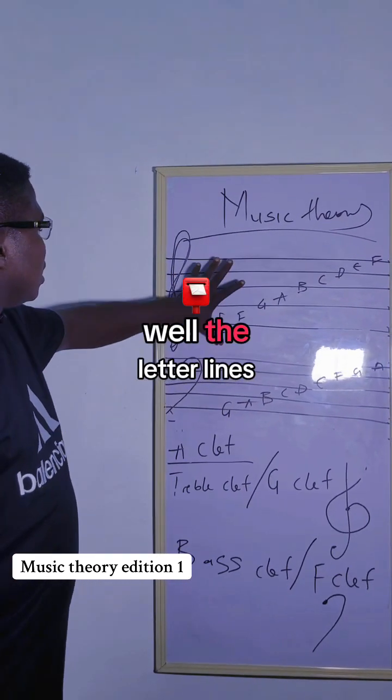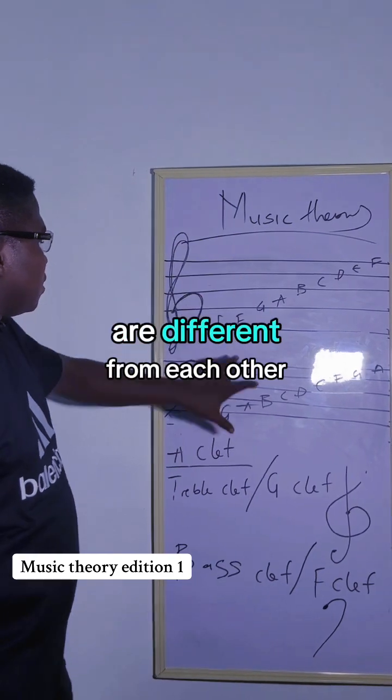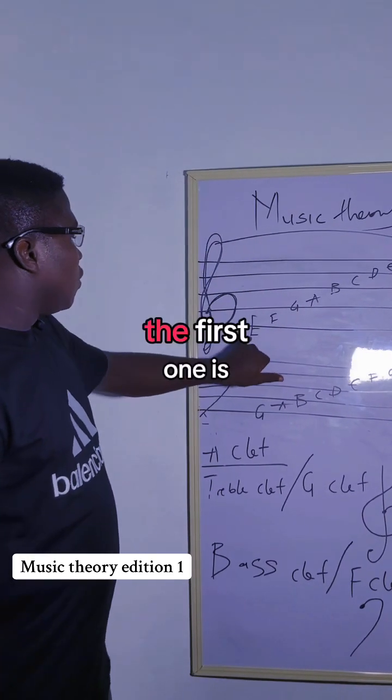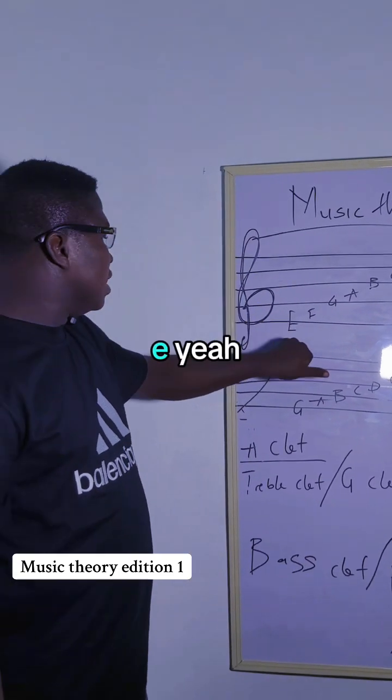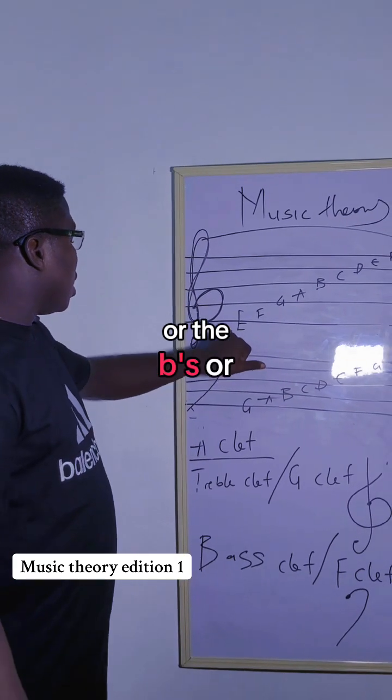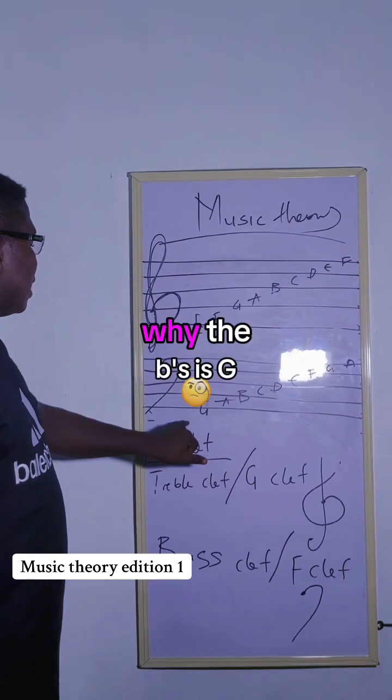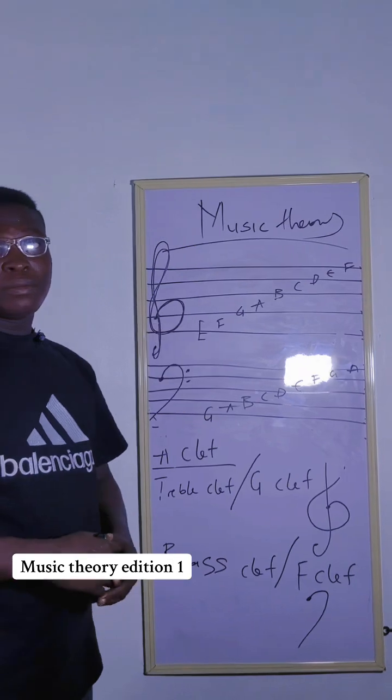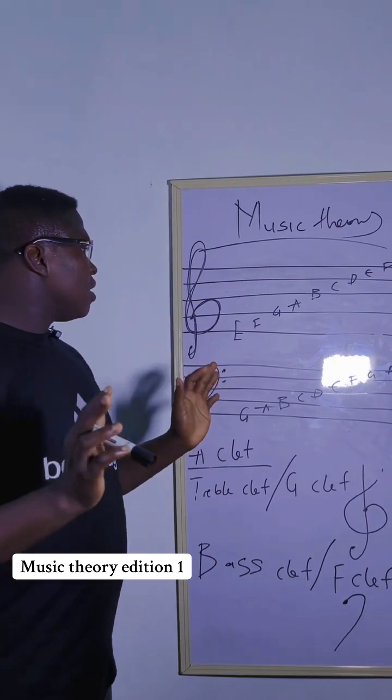The letter lines are different from each other. The first one on the treble is E, while on the bass it is G. Very simple.